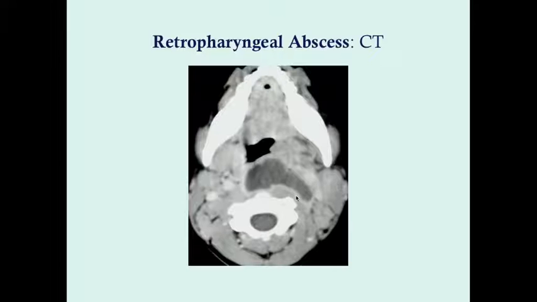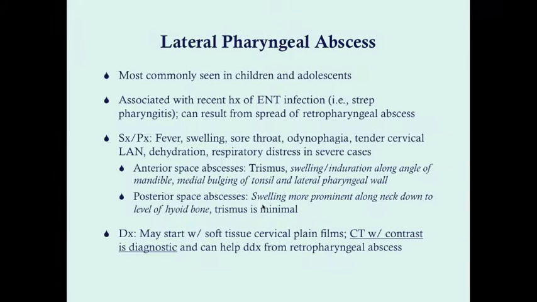You have this abscess here, and this is displacing the pharynx anteriorly, and this is why you get that anterior bulge of the posterior wall. And you can also see here how this infection is very close to the vertebra, and you can get infection then into the bone.